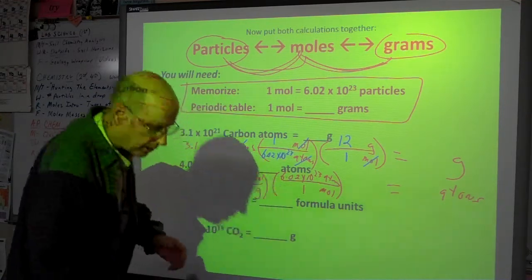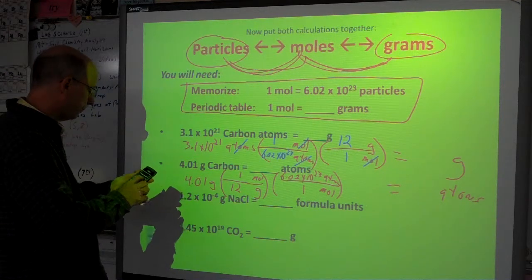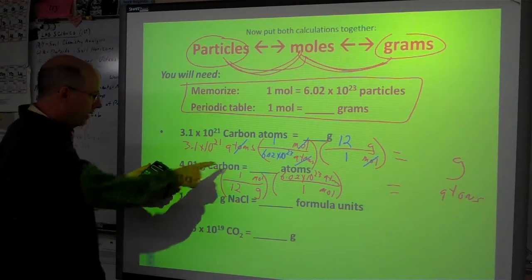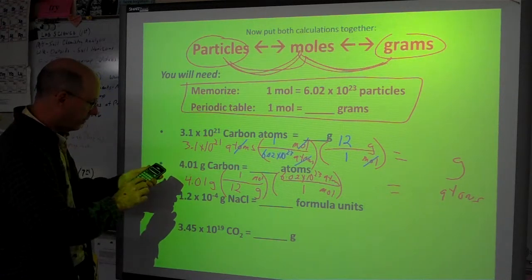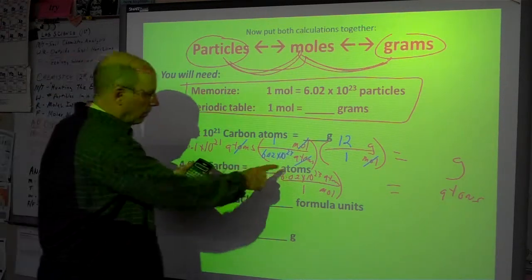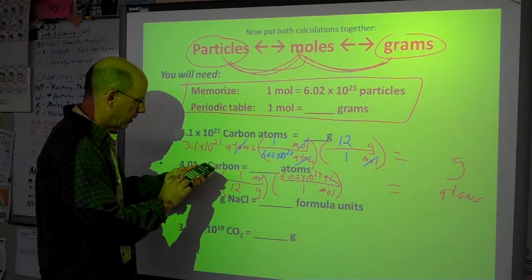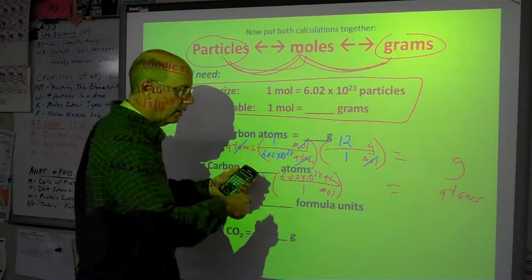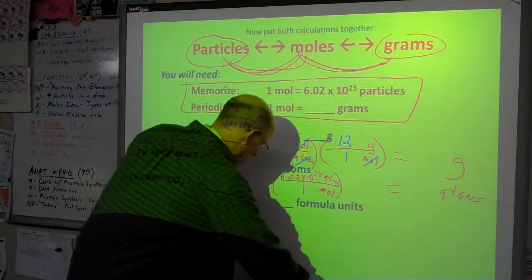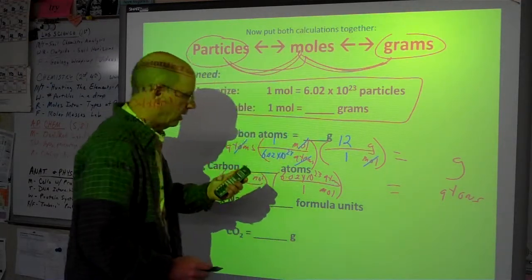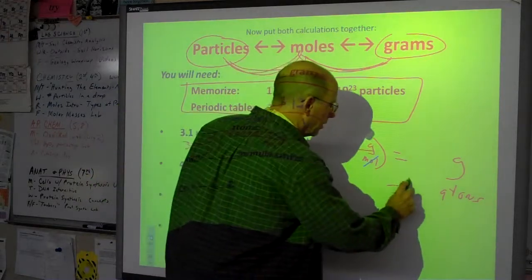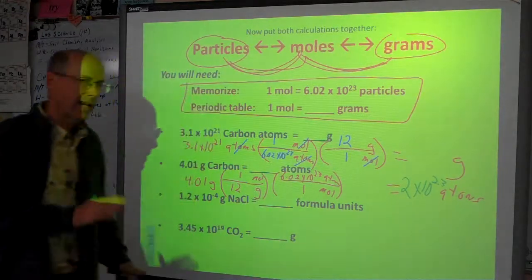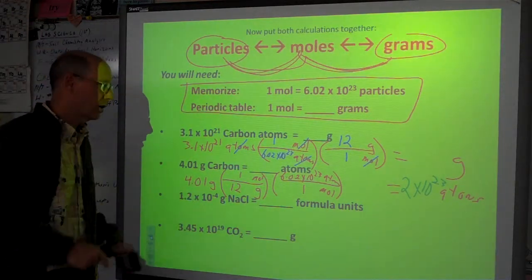All right, I've got my good calculator, so I'm ready to go. 4.01 times 1, hit enter, divided by 12, hit enter, multiply by 6.02 EE23, hit enter, divide by 1 if you wish, and our answer should be, let's write this in green, 2 times 10 to the 23rd atoms. We'll work on how to round this off later on.